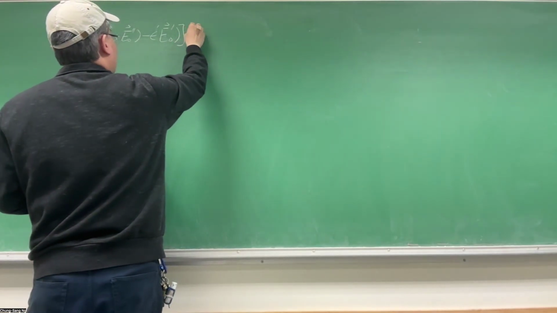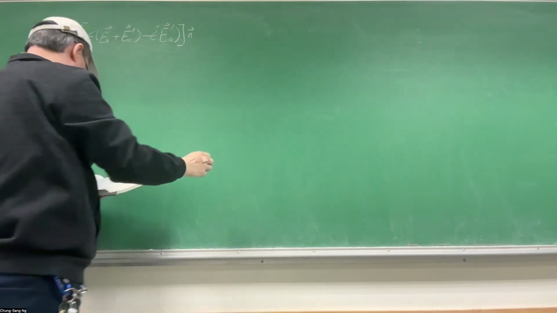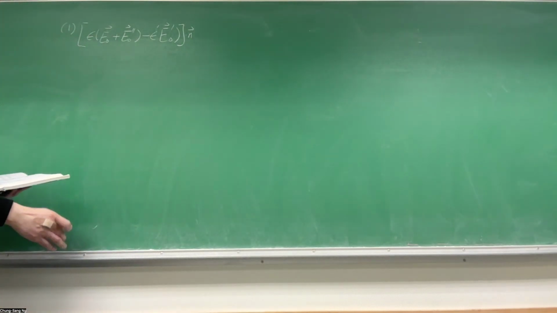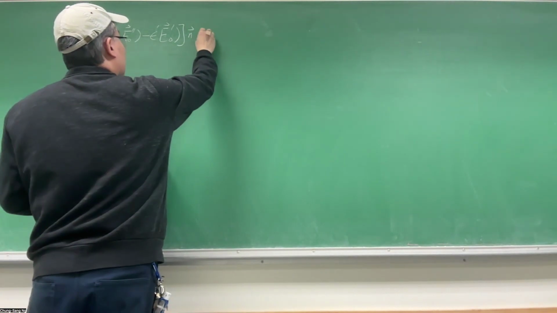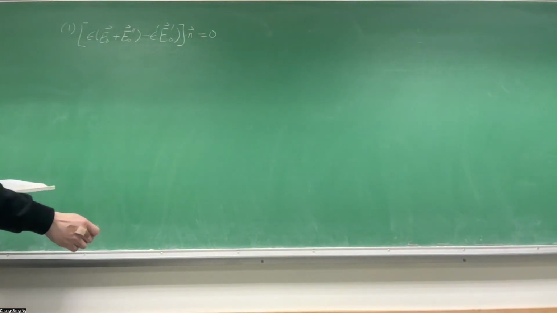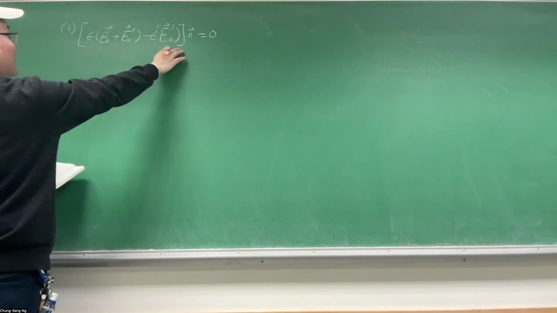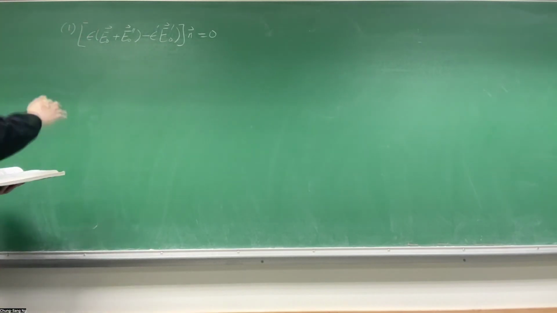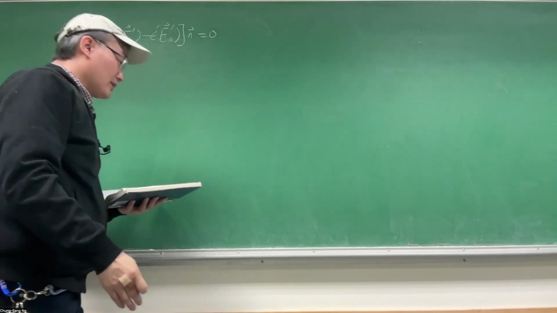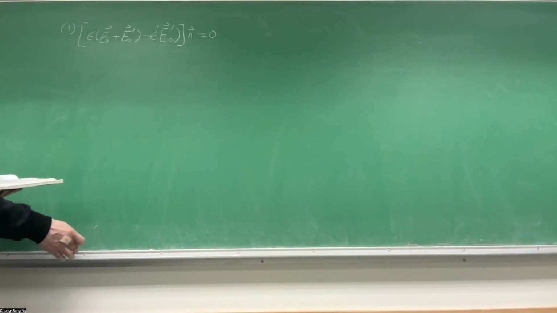And n is just basically z. It's the normal unit vector for the boundary between the two media. This means jump. The square bracket means it's the one medium minus the other medium at z equals 0.